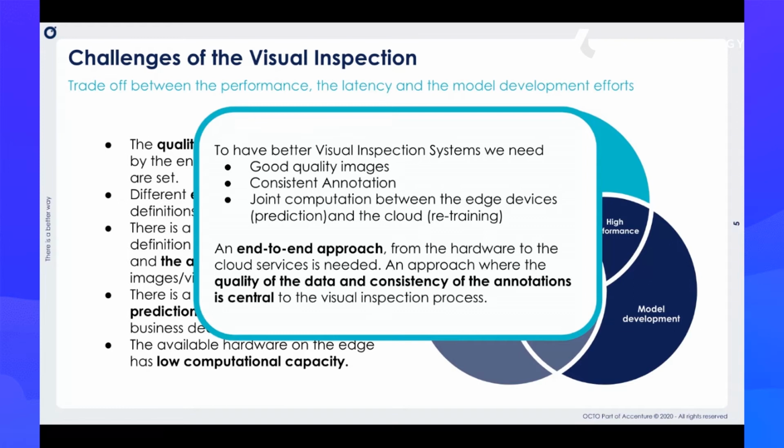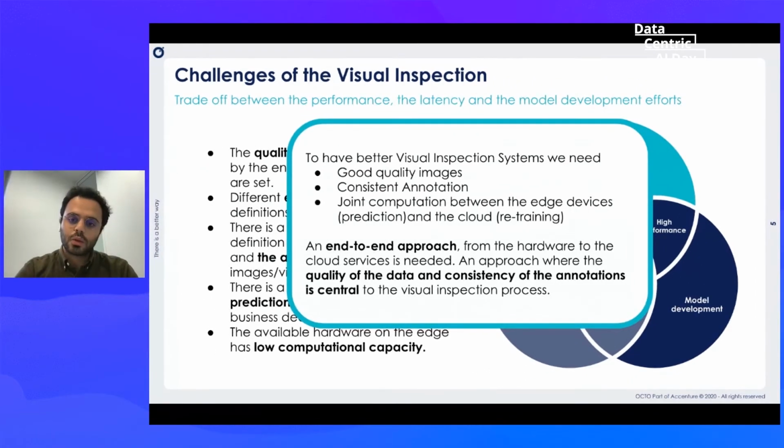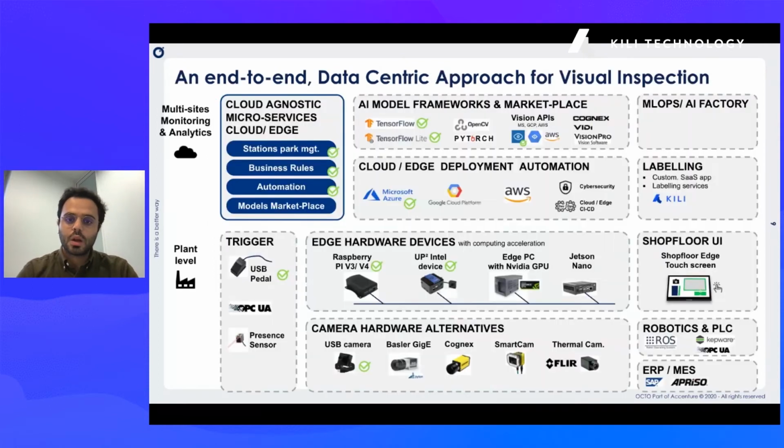So you need to upload the results rapidly in order to monitor your model, retrain it, and deploy the model again on the edge. So our conviction is we need an end-to-end approach from the hardware to the cloud services, and an approach where the quality of the data and the consistency of the annotation is central to the visual inspection process.